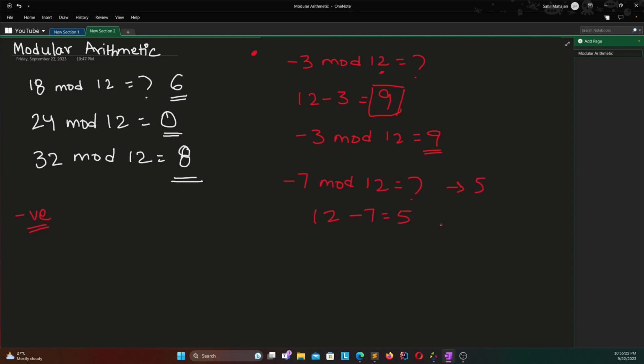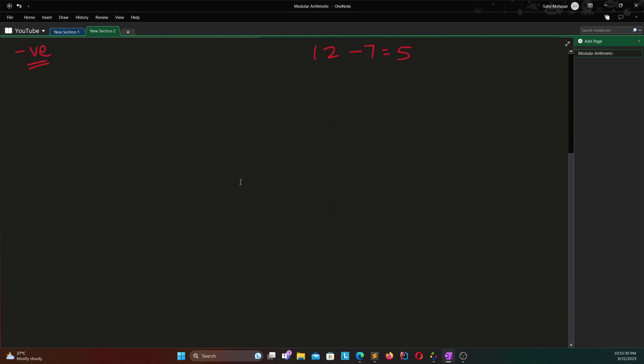Perfect. Now, let's take a different, formula-based approach to solving this problem. We'll take a simple example: minus 3 mod 12 is equal to what? We know this answer is 9, but let's use a proper formula to find it. I'm just giving you some basic knowledge on how this happens.